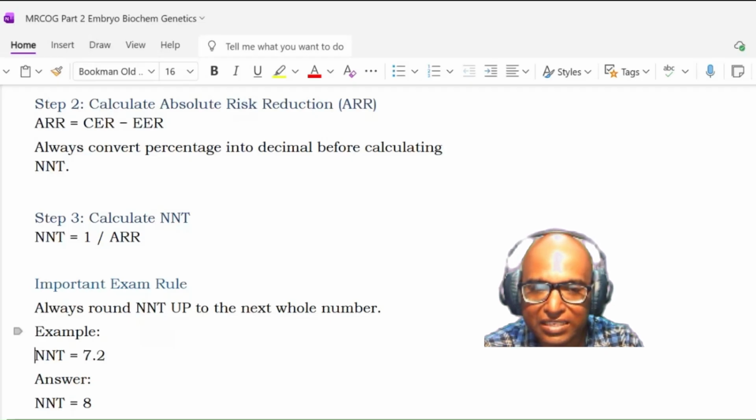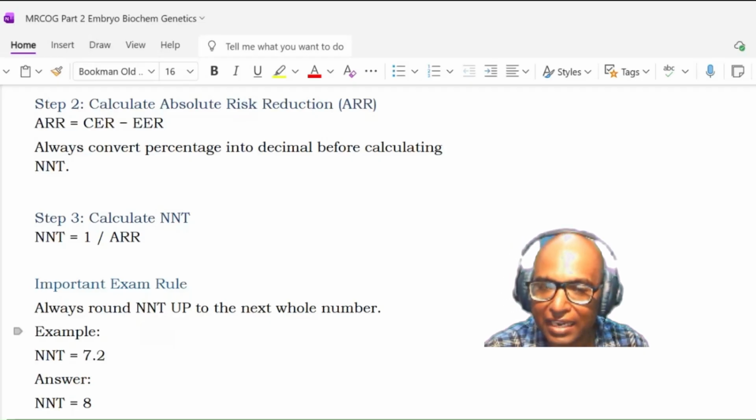It has come as 7.2. So if you make it 7, that means you need to treat 7 patients to prevent one adverse event. Is that correct? 7 patients? No, you cannot treat 7.2 patients. 7 patients will be inadequate.